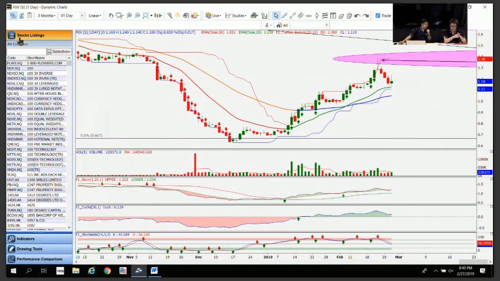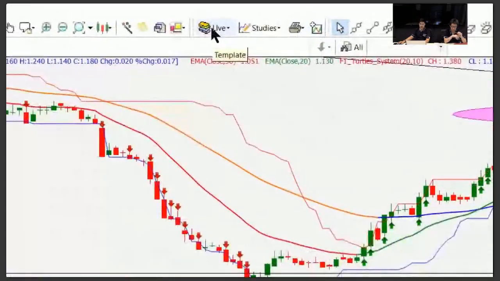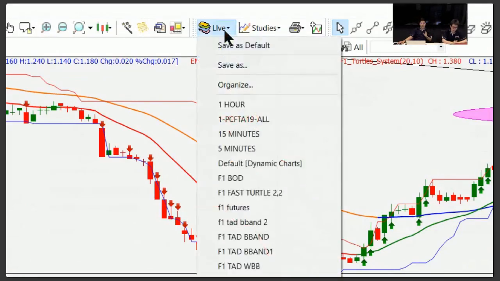She said that hers is not the standard template. Can you find this template bar here? Is yours written there as a plain chart or blank chart? Or if you press inside, do you see at least an F1 TAD or F1 fast turtle template inside this area?